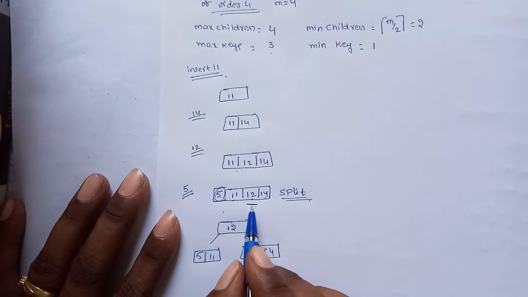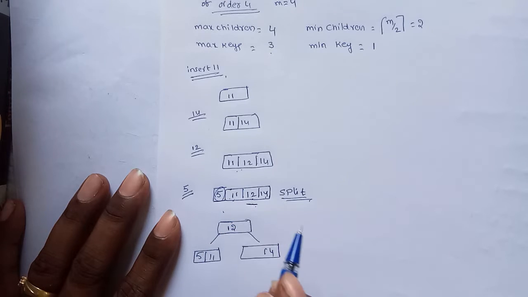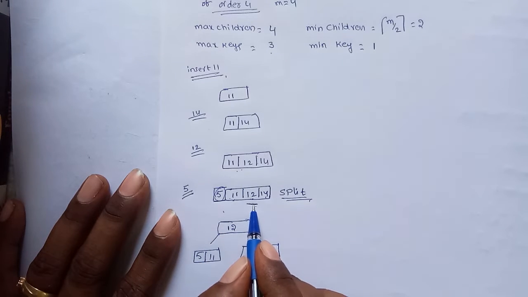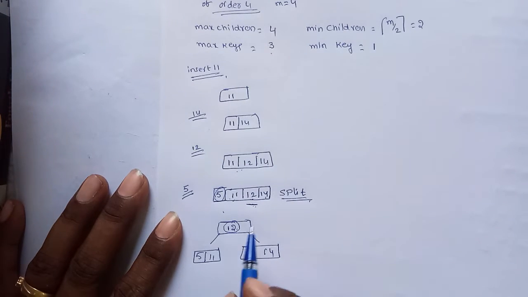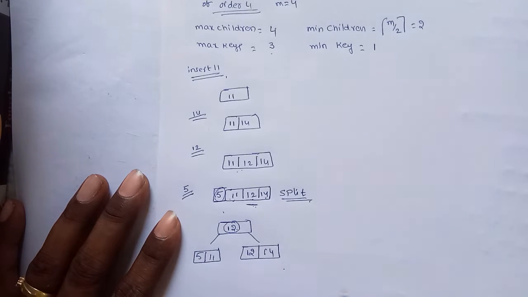But whenever we are performing a split operation, 12 moves to the parent. Here this 12 is not the value, because in B plus trees we already know that only the leaf node contains values. So make 12 here also. Here this 12 is the value. This 12 is an index.